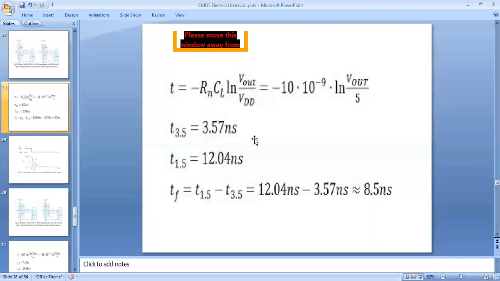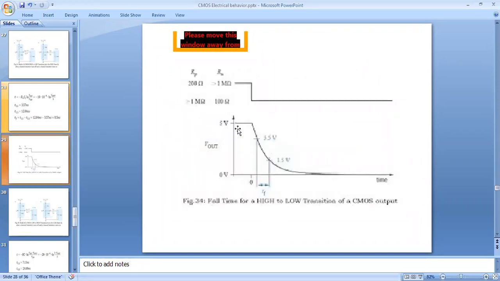Tau is a time constant, which is always considered as resistance and capacitance. What is our capacitance here? CL. Take the resistance as RL, or you can represent it as RN. So our equation becomes V out equal to, what is the maximum voltage here?